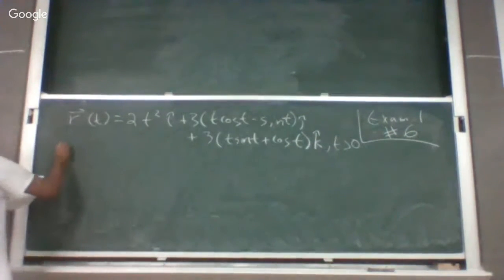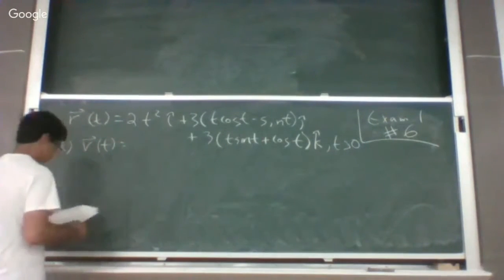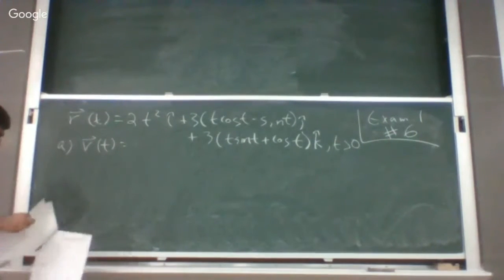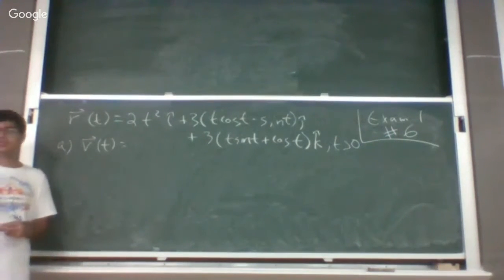So the first part, they ask us to find velocity with respect to time. And what is that essentially? It's the derivative.